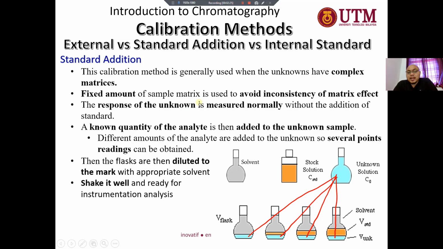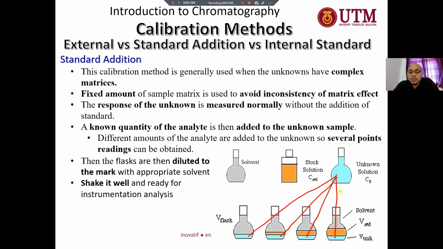Then the response of the unknown is measured normally without the addition of the standard. This refers to the first flask. We just put in our sample and add solvent to the mark. For example, we prepare a 10 ml flask and add 2 ml of unknown solution.